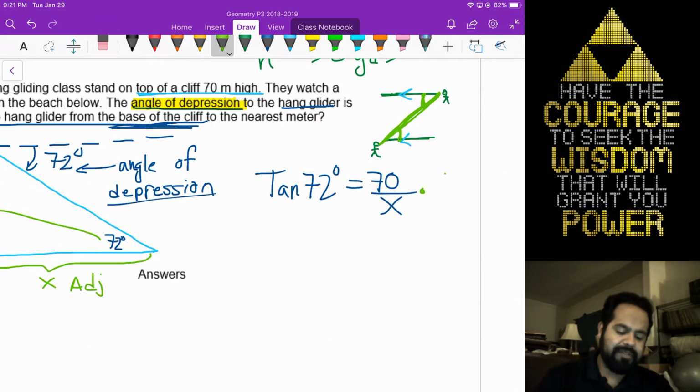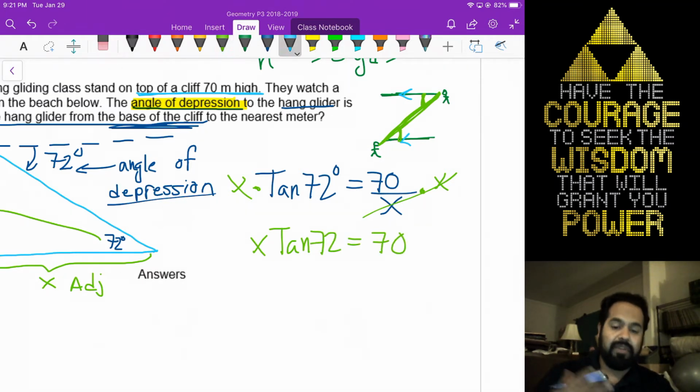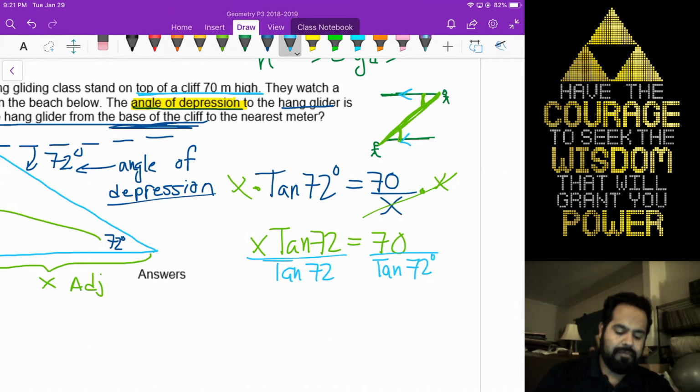So I'm going to multiply both sides by x. So then we have x tangent of 72 equals 70. We need to get x by itself, so divide out tangent of 72. So then we type that in your calculators.